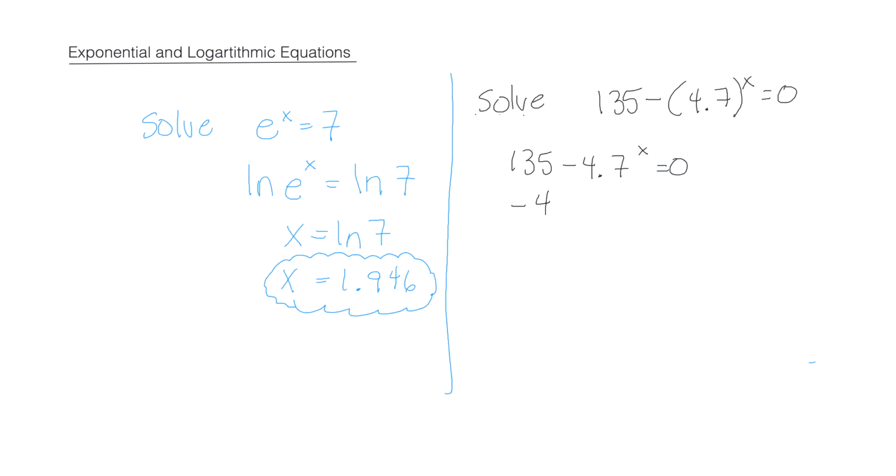Minus 4.7 to the x equals minus 135. Then I'm just taking away the minus signs. So 4.7 to the x equals 135.